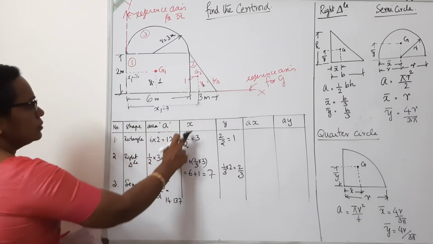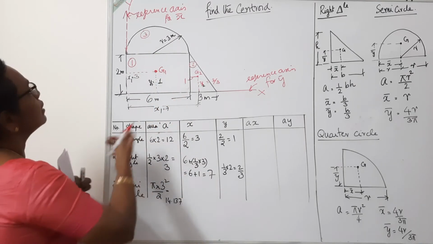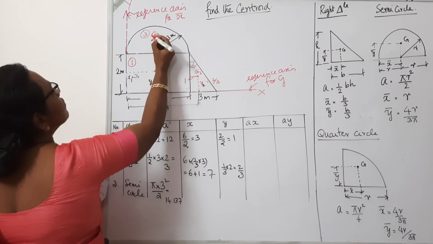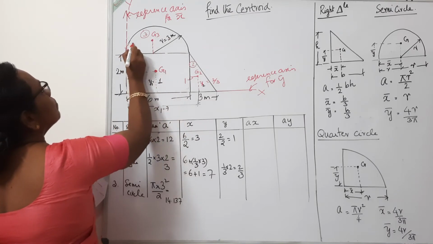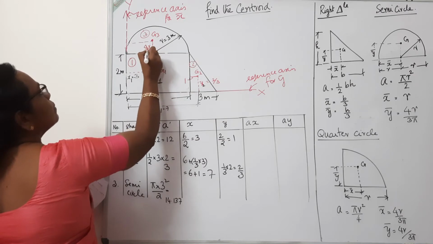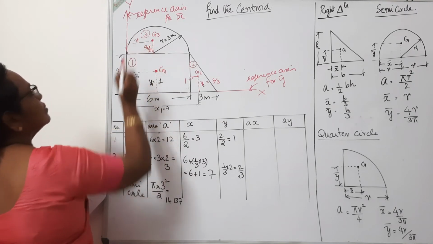Next, x3 is for the third area's center. This is G3, its center of gravity. This distance is 4r by 3 pi, and this horizontal distance is r.